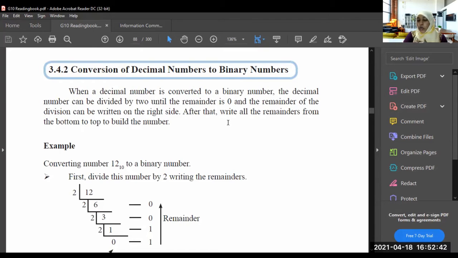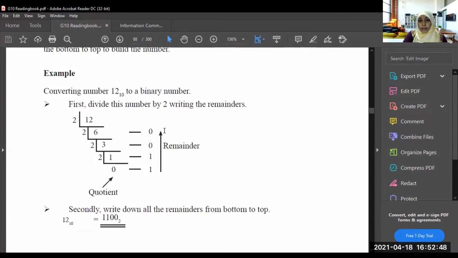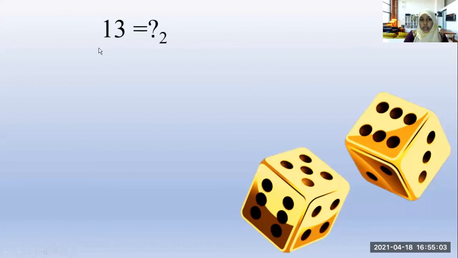After that, write all the remainders from bottom to top to build the number. For example, the number 13 is base 10. Normally if there is no base written for a number, it is base 10. They are asking you to convert decimal 13 into a binary number.